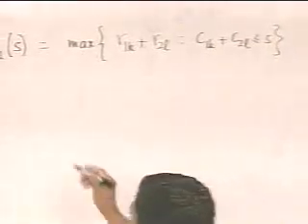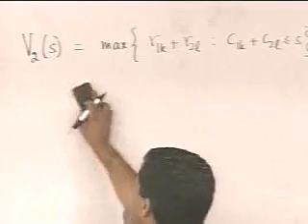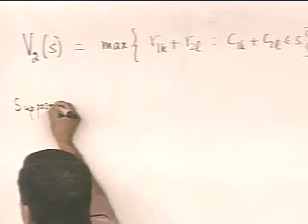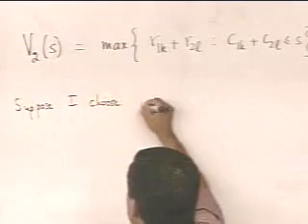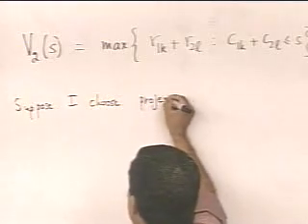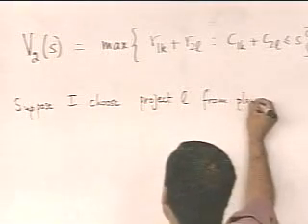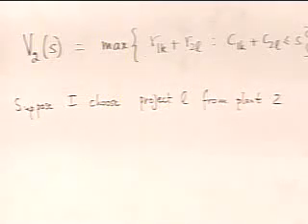Now the second expression there is the following. Suppose I choose project L from plant 2. I don't know whether this is optimum or not, but suppose I choose project L from plant 2. How much money could I spend on this project? What is the maximum amount of money that I could spend on this project?